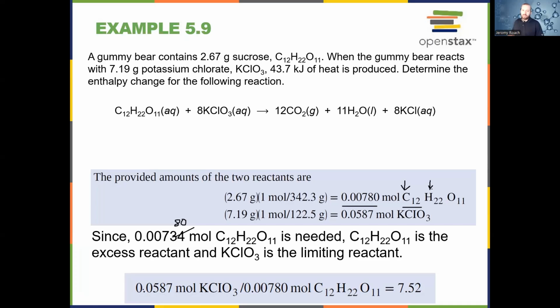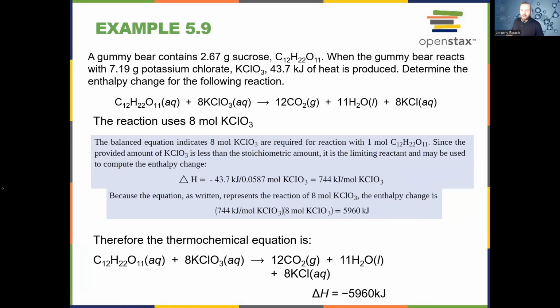So really what this tells us is we're going to write a ratio between these two values. And so this is 0.0587 moles of potassium chlorate divided by the moles of sucrose, and we get a ratio of 7.52. So if we round up, this reaction uses about 8 moles of potassium chlorate.